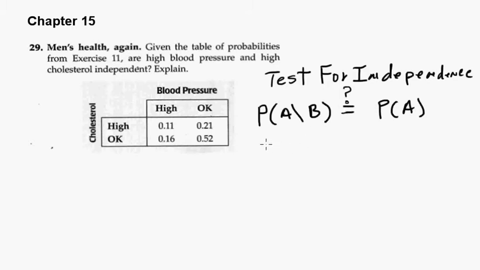So if the answer is yes, then we know the condition doesn't matter, that the probability of A given B is just the same as the probability of A. So yes implies independence.